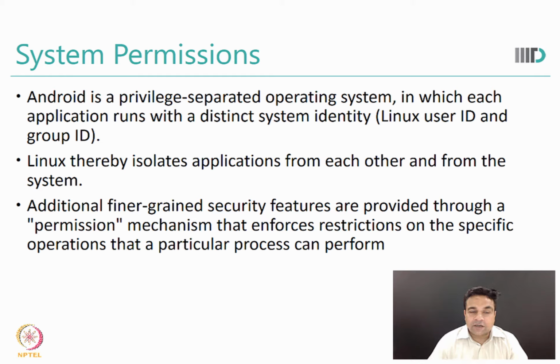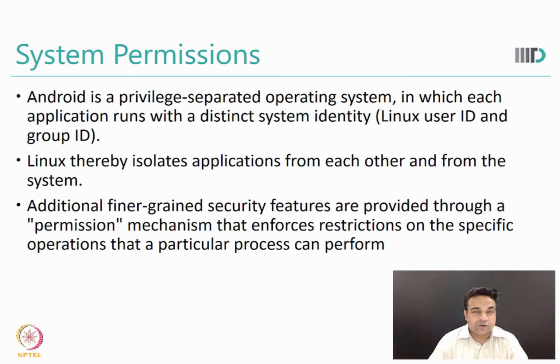Besides this isolation, additional fine-grained security features are provided through a permission mechanism. The permission mechanism enforces restrictions on the specific operations that a particular process can perform. You are already slightly familiar with the permission mechanism because in Linux, for example, every file has permissions attached to it.